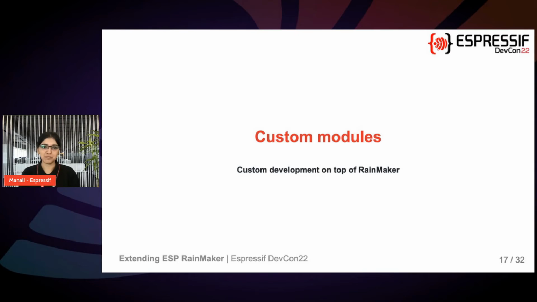We'll now go to custom modules, which is the second type in which you can extend Rainmaker. Custom modules is custom development on top of Rainmaker. It will consist of serverless architecture and some modules which will be there on top of the Rainmaker deployment that you have in your AWS account.